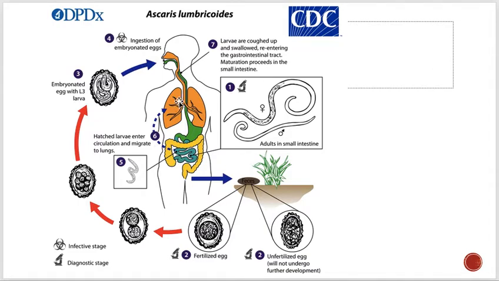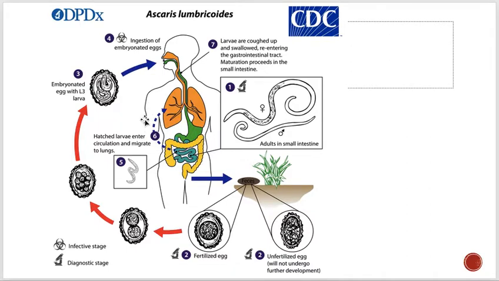Now the larva in the lungs change their shape, and they break into the alveoli of the lungs. Then they pass through the bronchus to the trachea, and again they are swallowed back into the GIT, and the same cycle starts again.